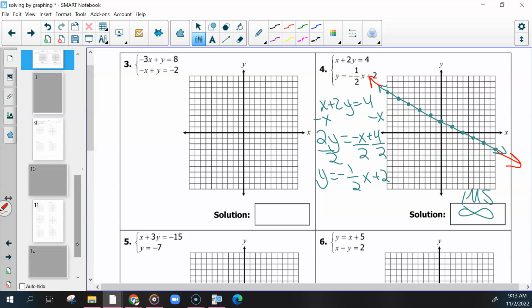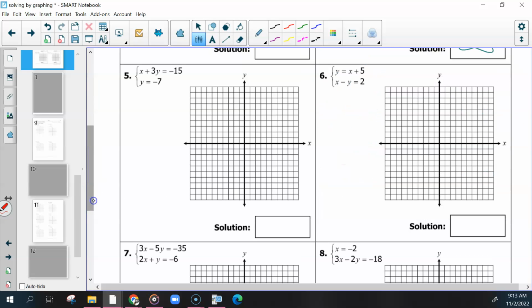Look through the rest of these problems on this page, on the next page, on the rest of the pages. Find any problems you want to go over, have questions about. Maybe you're not sure where to start, want to double check, anything like that.